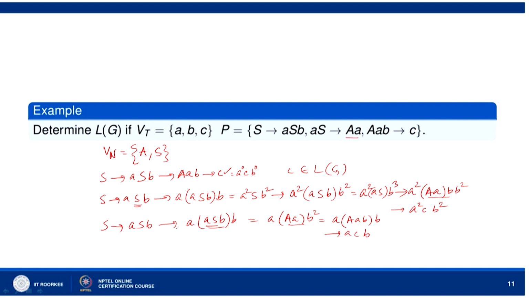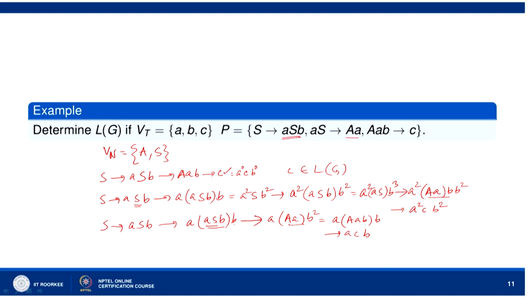So, S goes to a S b, and S now can be replaced with a S b, so we get a a S b b. Now we can use a S goes to a a, so a a b b. One b we have to take from here, so a a b b. a a b goes to c, so we get a c b.